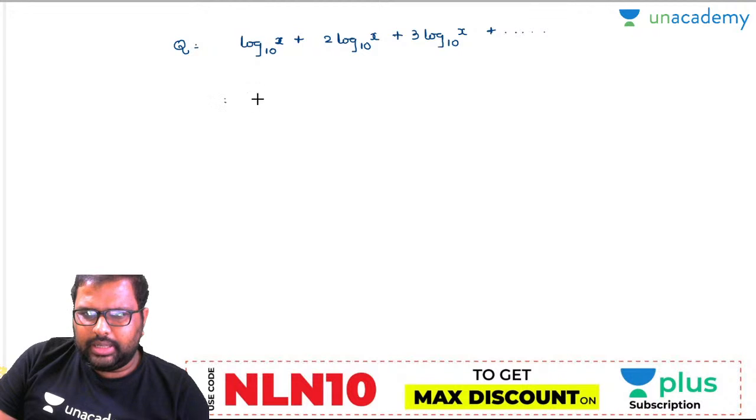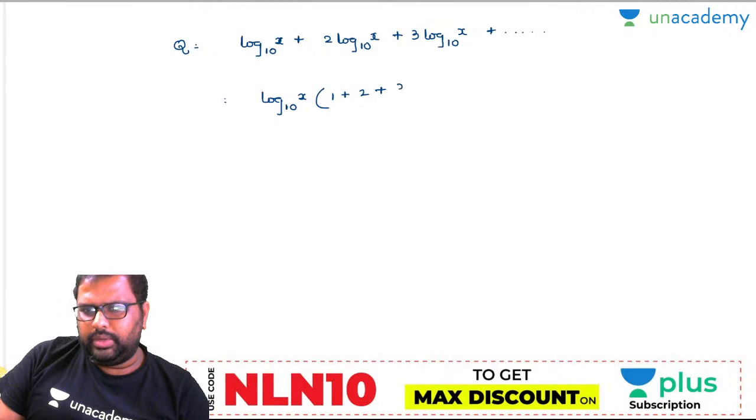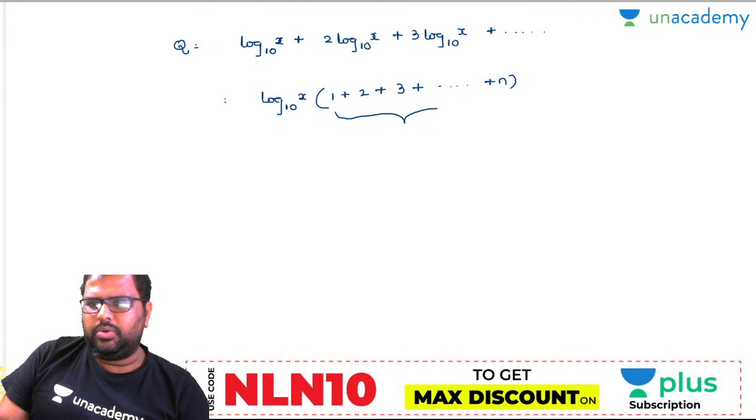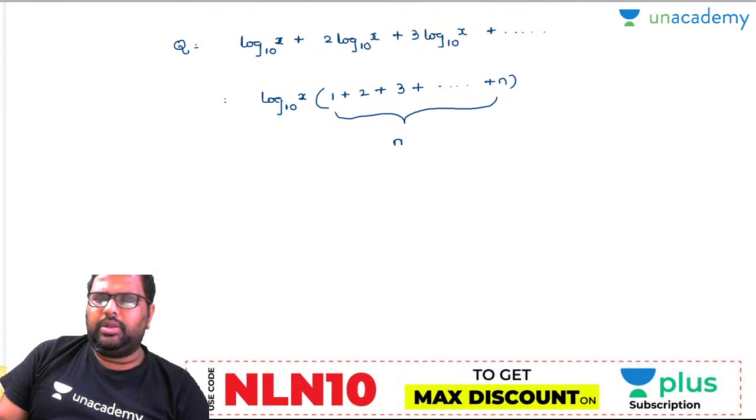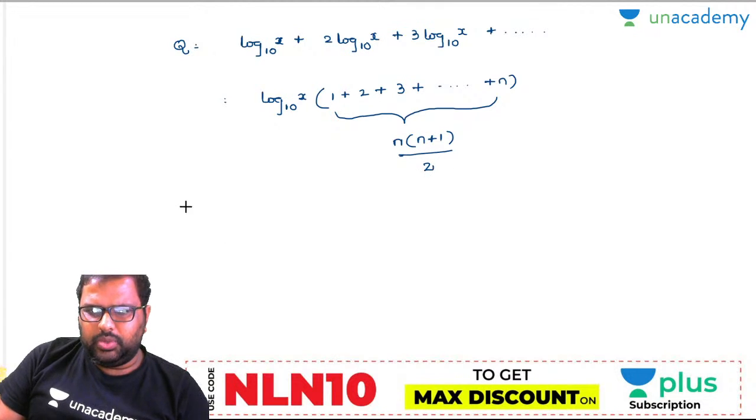So can I write it like this: log base 10 of x times 1 plus 2 plus 3 and so on up to n terms. So what will be this one in the bracket? This will be the sum of n natural numbers, which everybody knows is nothing but n into n plus 1 by 2.